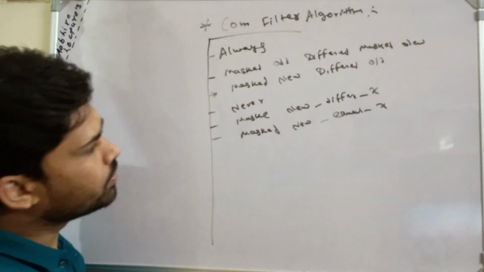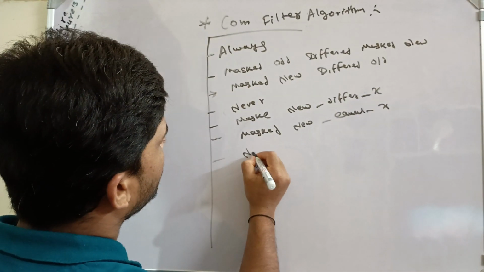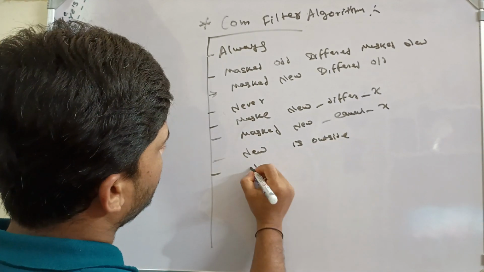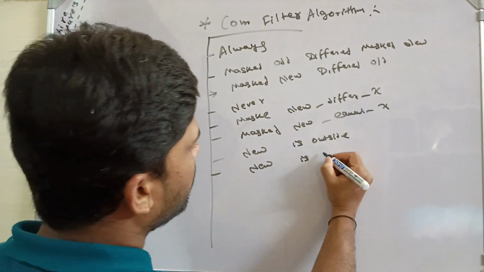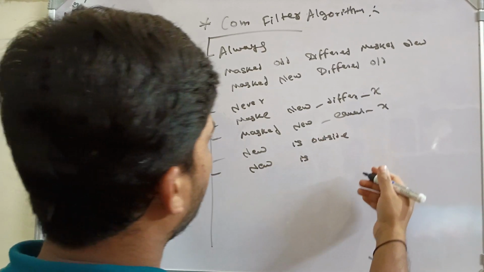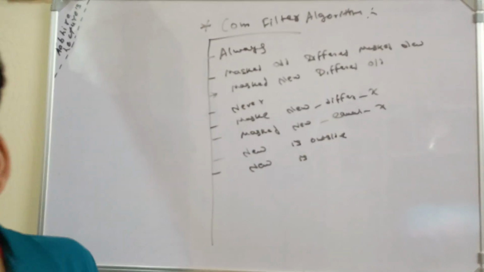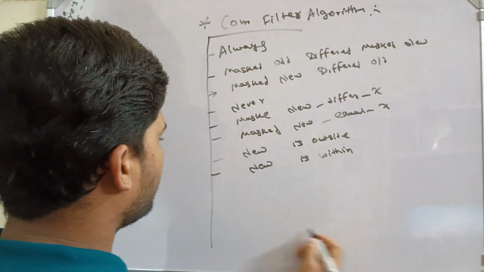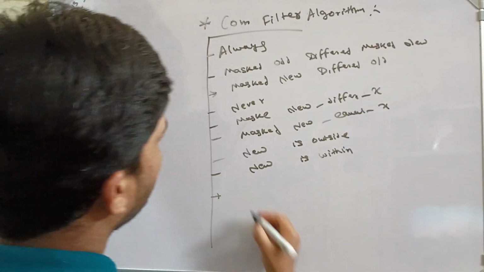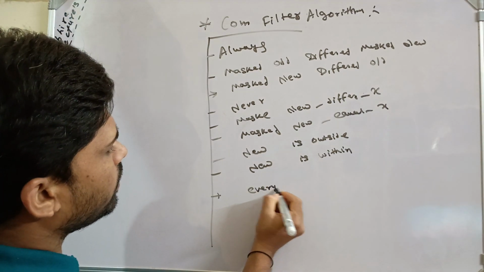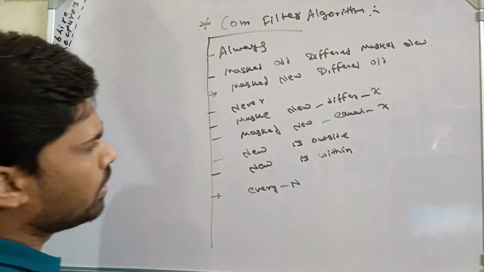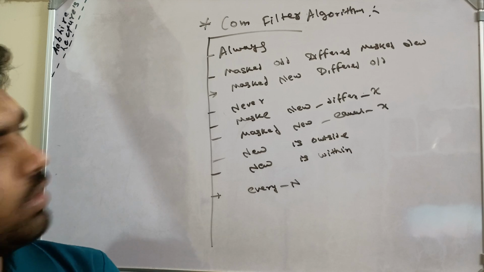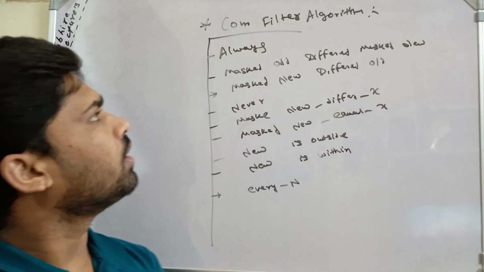Next, new is outside, new is within, then every in. Yes, a few more parameters are there, but all these parameters we have to configure in the com filter algorithm.